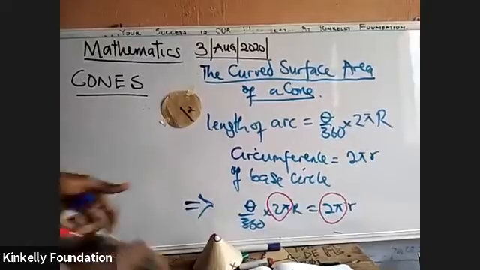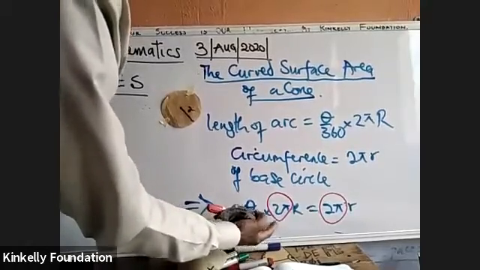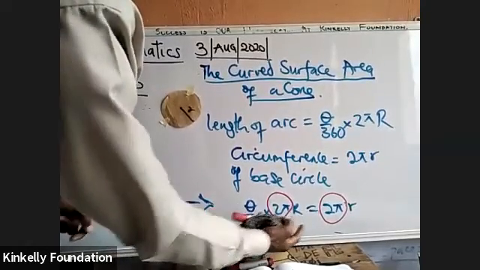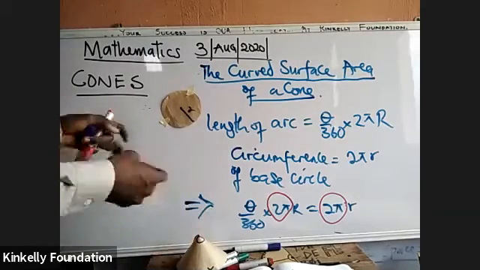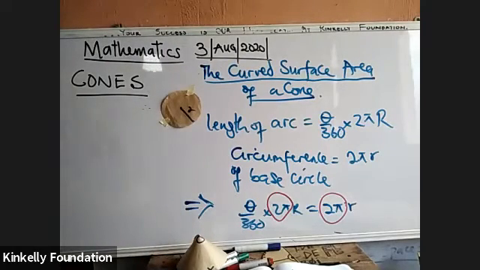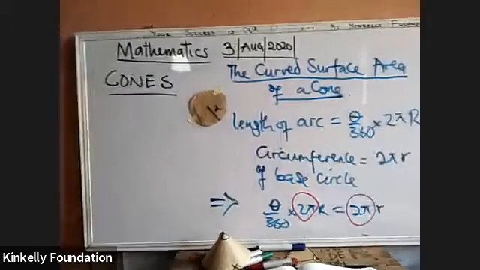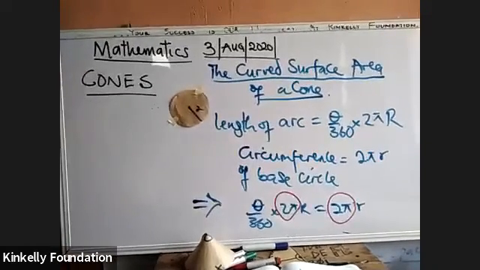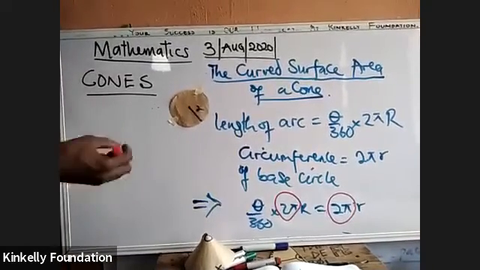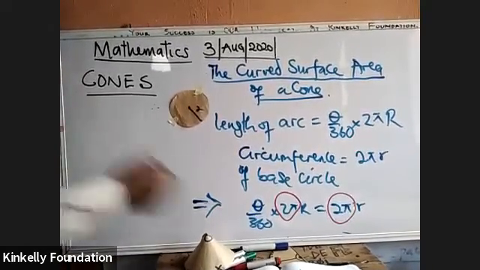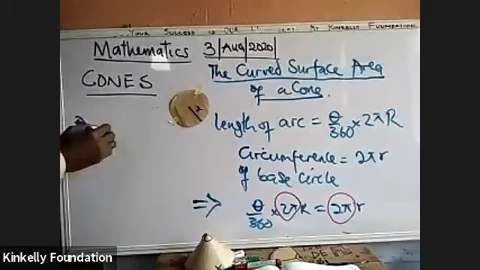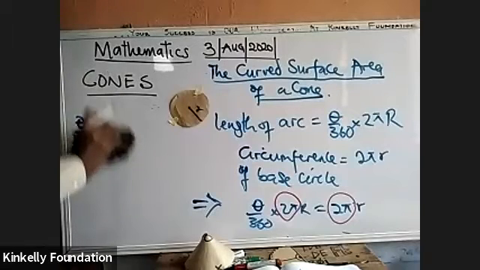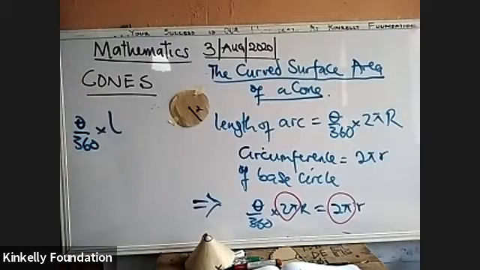We notice here that if you take off 2 pi, which is common, that is dividing both sides by 2 pi, what will we have? We have theta over 360 times R. Remember that this is not our slant length.